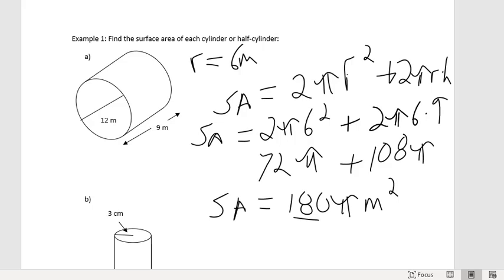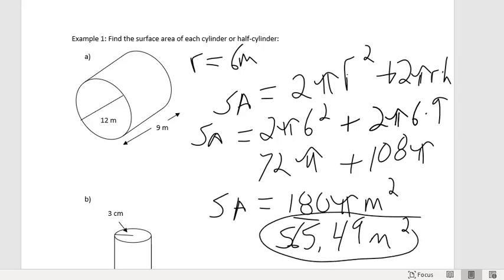All right, if you really want to, you can multiply through by pi. It does make it look a little messier because you have a lot more decimals, but you could leave this as an answer, 180 pi meters squared, or you could multiply through by pi, and you would get about 565.49 meters squared. Either way is acceptable.